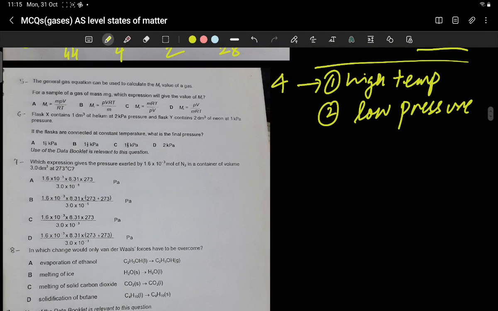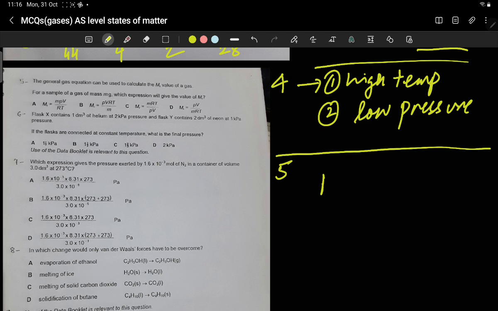Question number 5: the general gas equation can be used to calculate the Mr value of a gas. For a sample of gas of mass m gram, which expression will give the value of Mr?